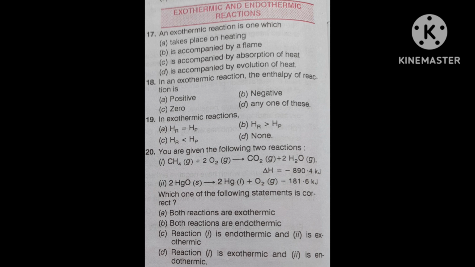Next question I am reading. In an exothermic reaction, the enthalpy of reaction is: first option, positive; second option, negative; third option, 0; fourth option, any of these. Again I am repeating the question.